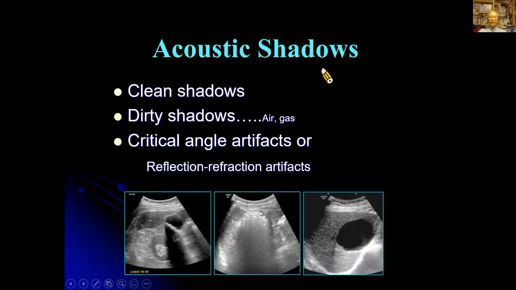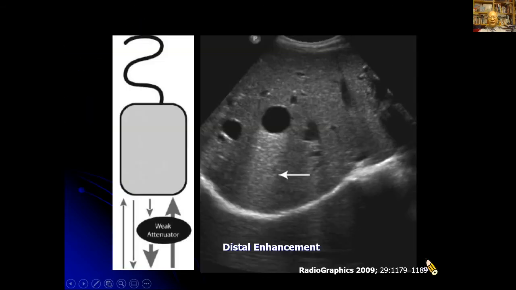So acoustic shadows can be clean, like a gallstone, or can be dirty, like air. There's a kind of complicated reverberation artifact, and also the critical angle artifact or refraction artifact.